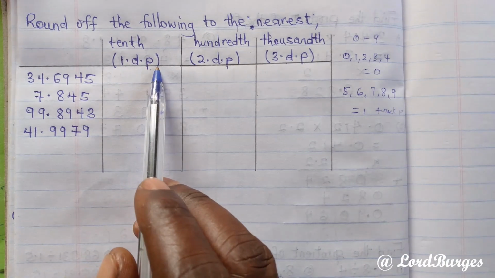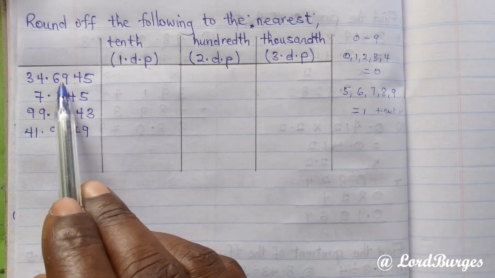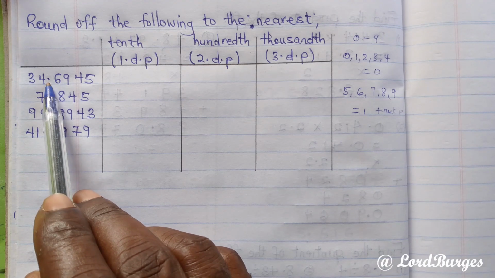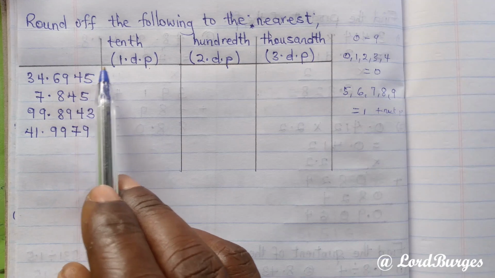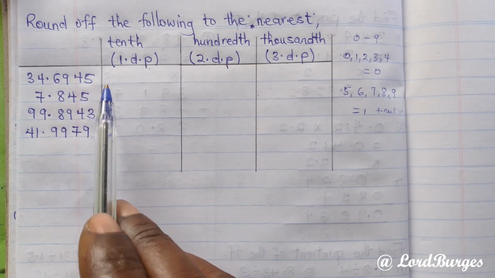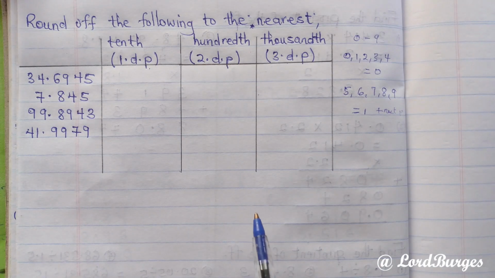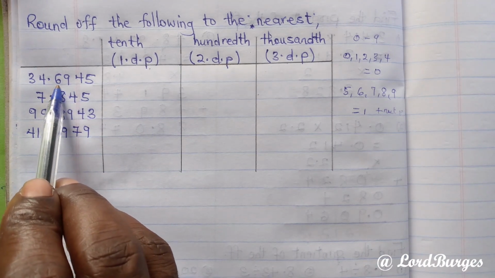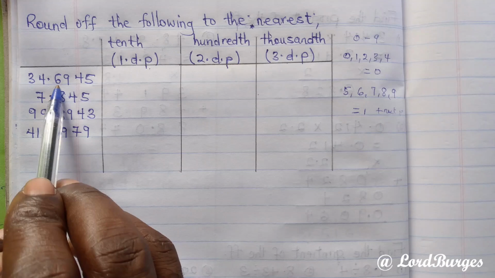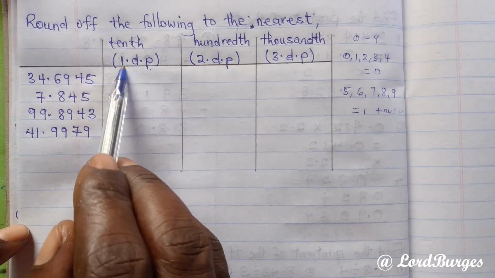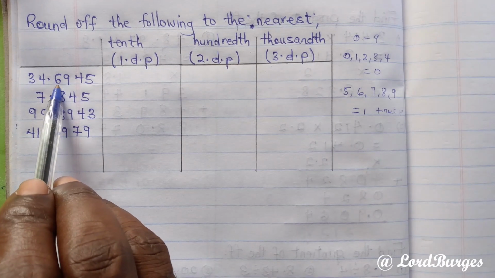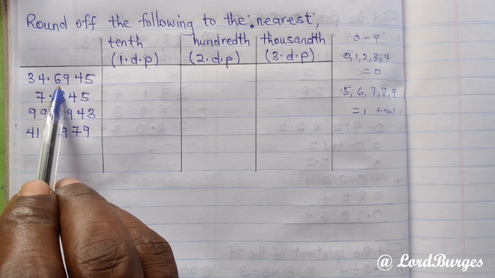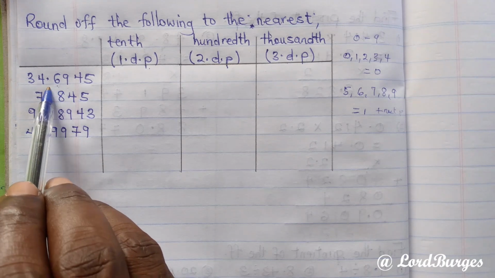1 decimal place means there should be 1 digit behind the decimal point. So if I start with 1 decimal place, I'll be standing on the 6 and looking at the 9.